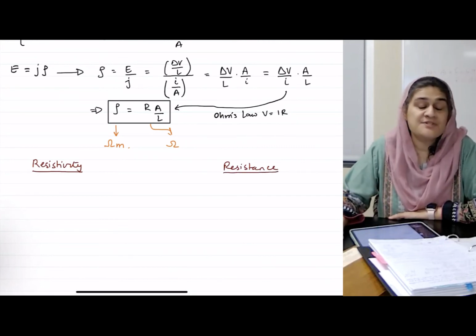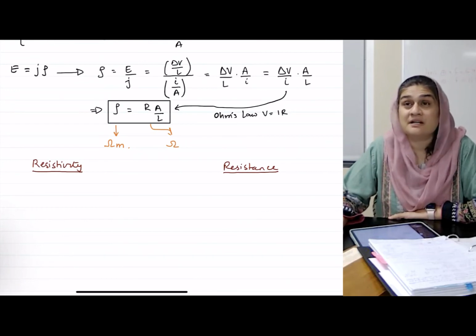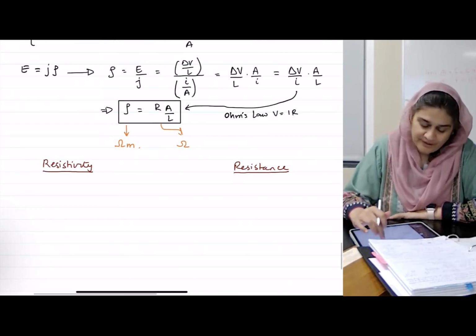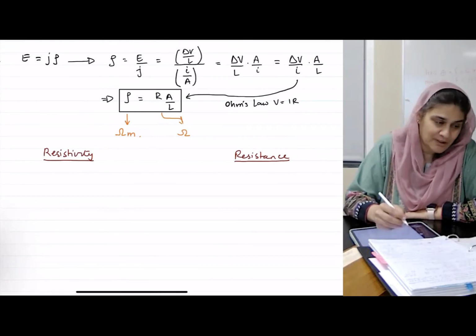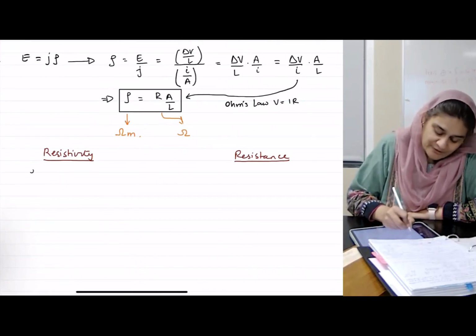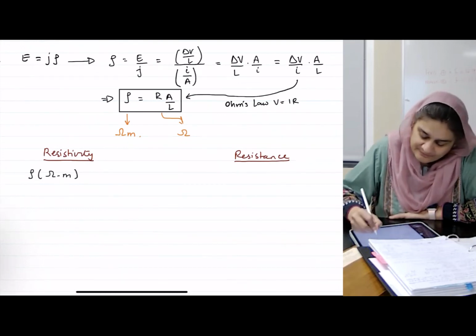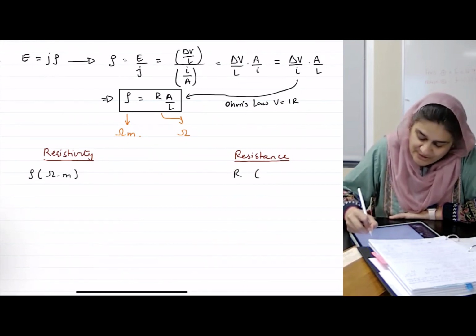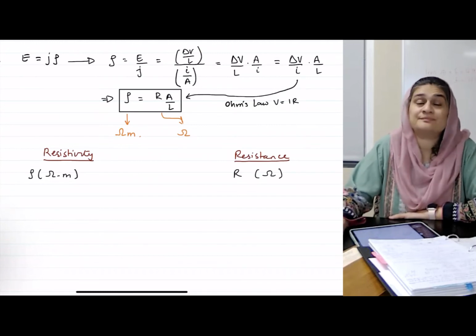What are the differences between resistivity and resistance? Okay, so number one, first of all, resistivity, the units are ohm meter. Resistance, the units are just ohms.